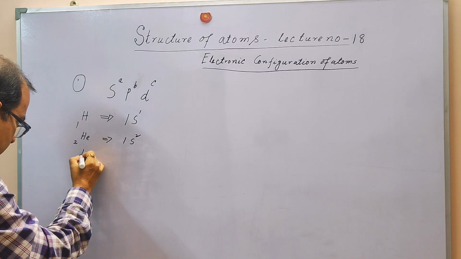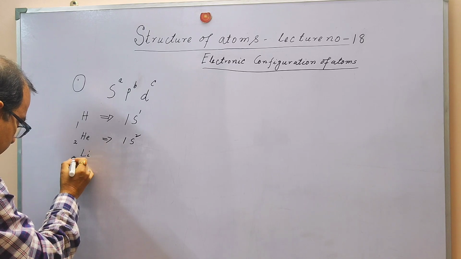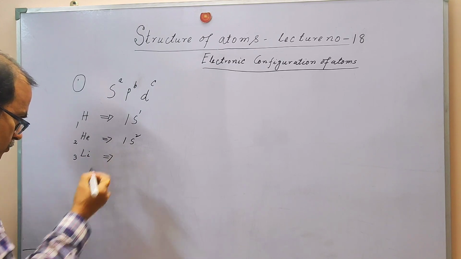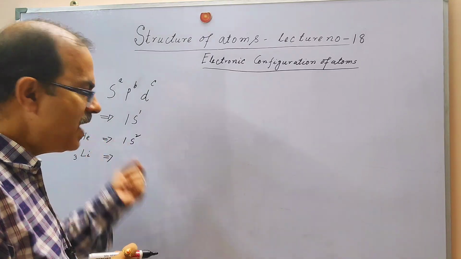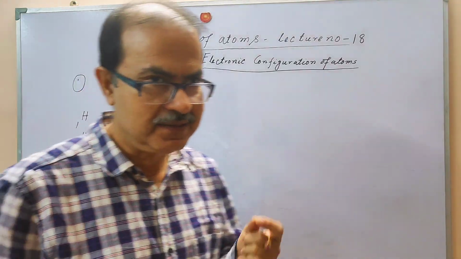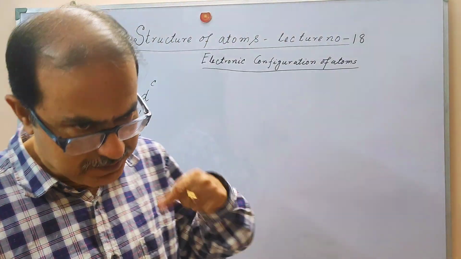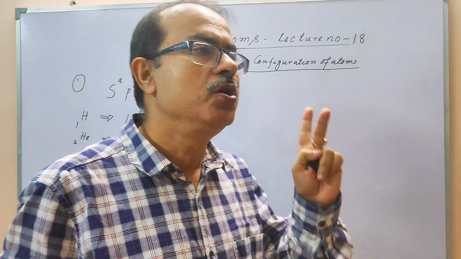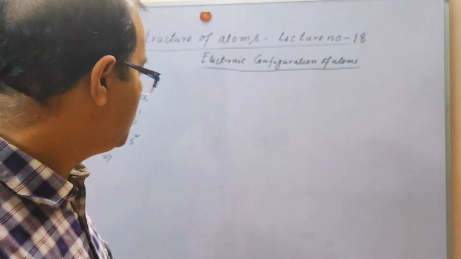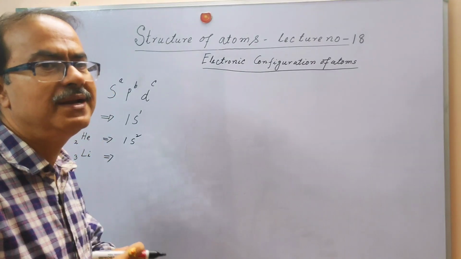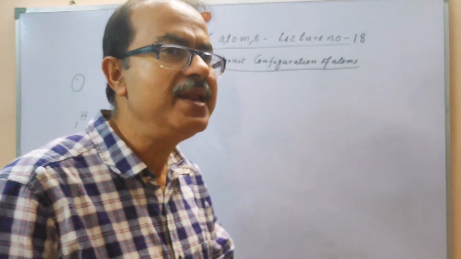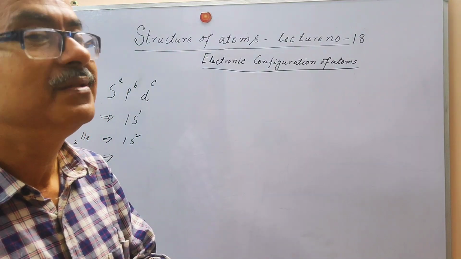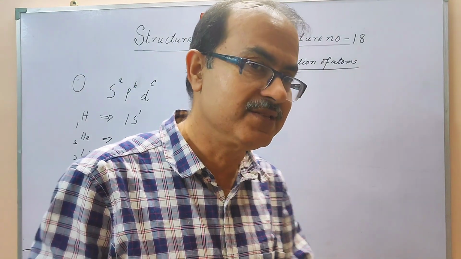Next is lithium. Lithium, we know, has atomic number 3, and you see the 1s orbital in the subshell has been filled, because the capacity of this orbital is only 2, and in the first shell there is only one subshell, that is 1s.